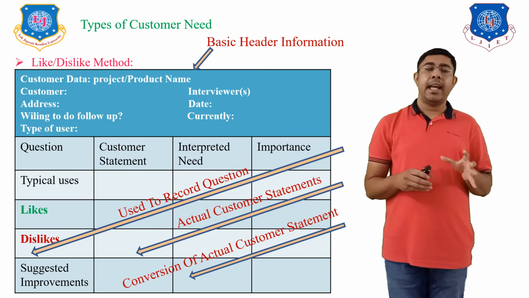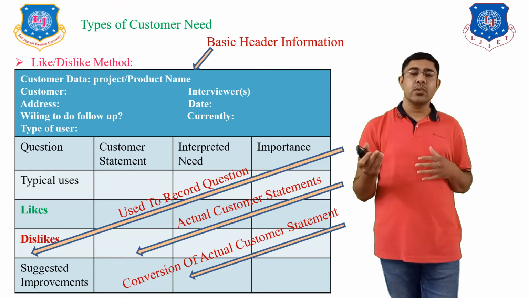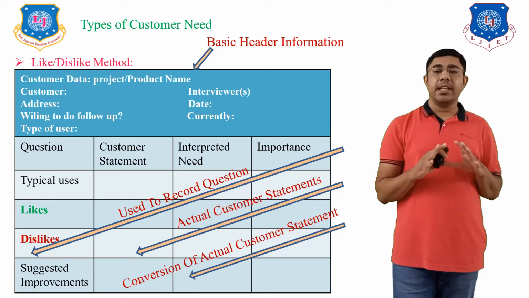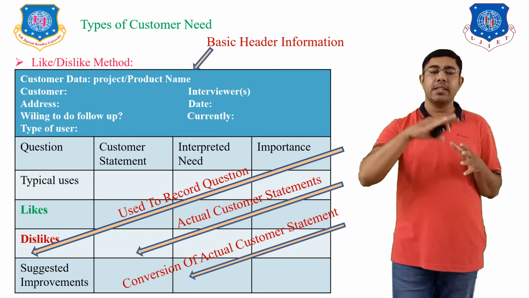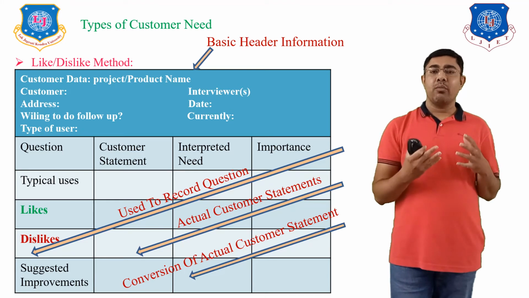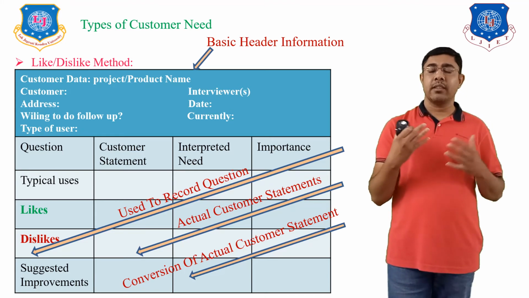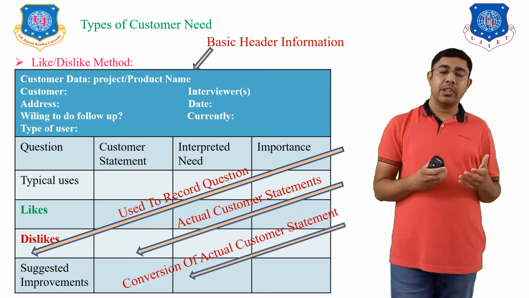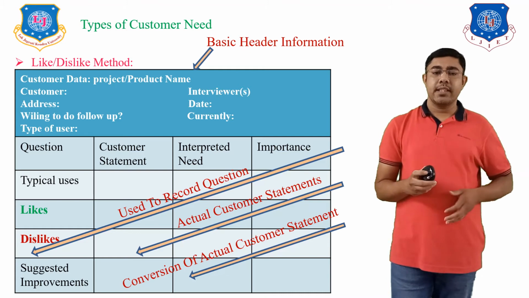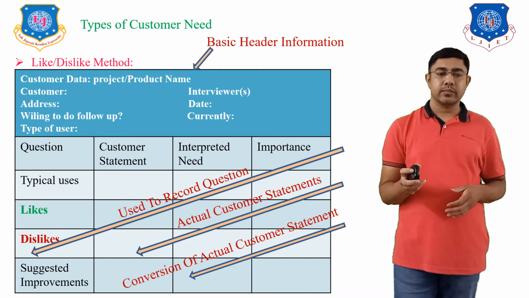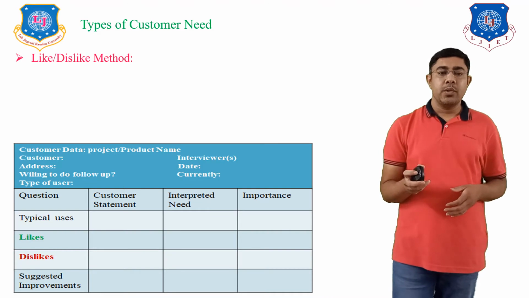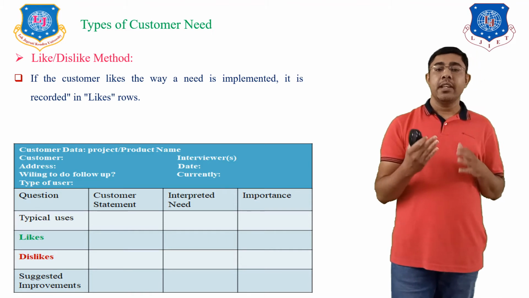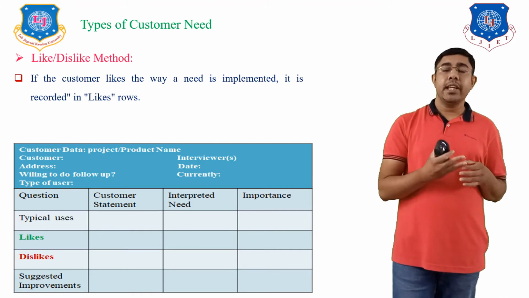So this is the like-dislike form which is used when we are interviewing customers. It is the simplest method, and from it we can easily understand what customers like, what customers dislike, and what improvements are suggested for the particular product. In the like-dislike method, if the customer likes the way a need is implemented, it is recorded in the like row.